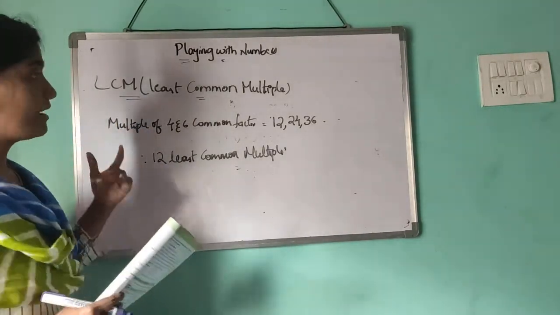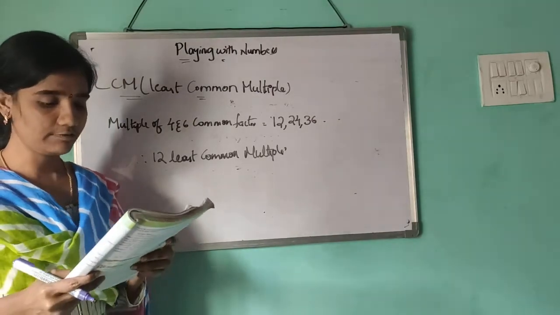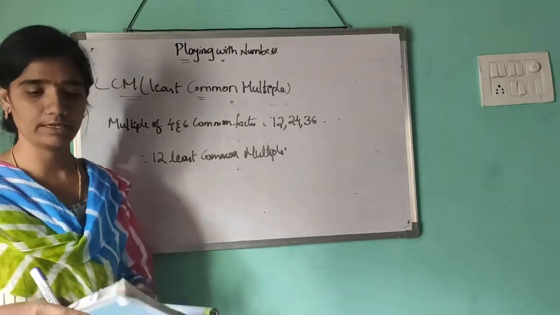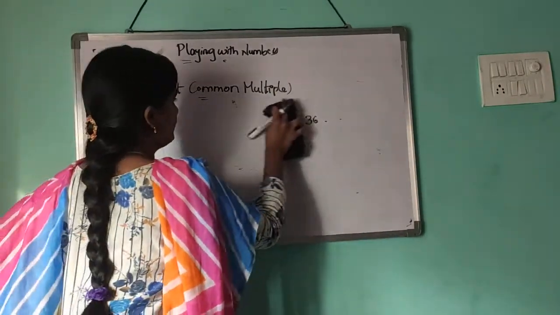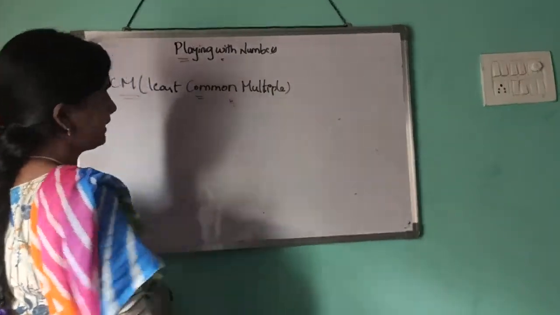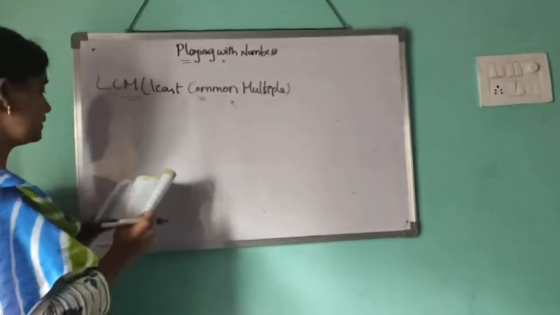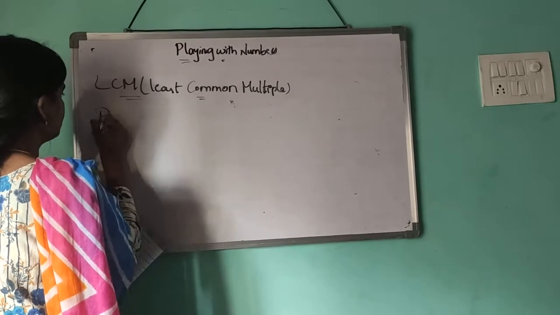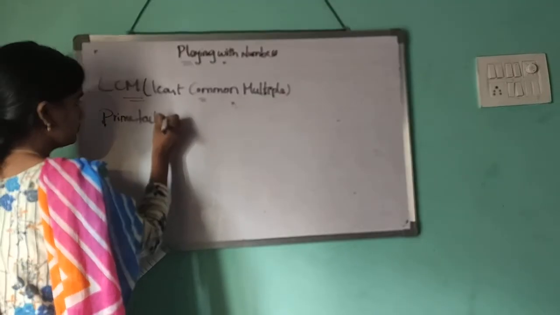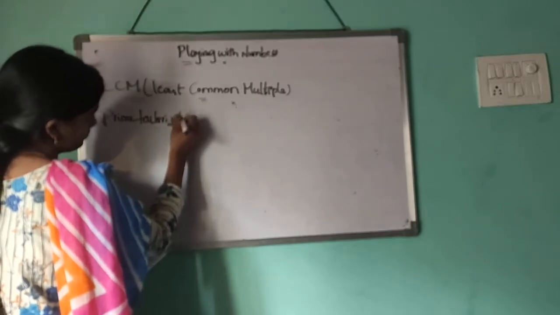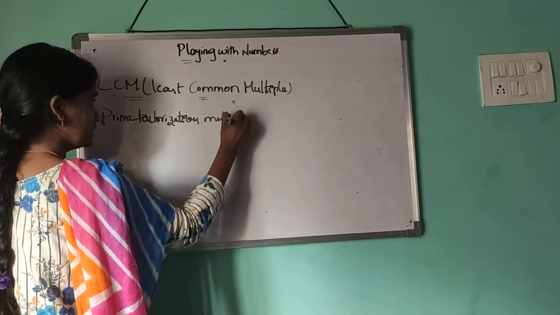Here also we have two methods. One is the prime factorization method, the second one is the division method. Here you can see the first one, the prime factorization method.